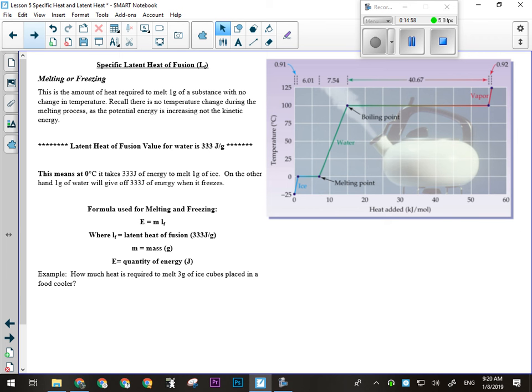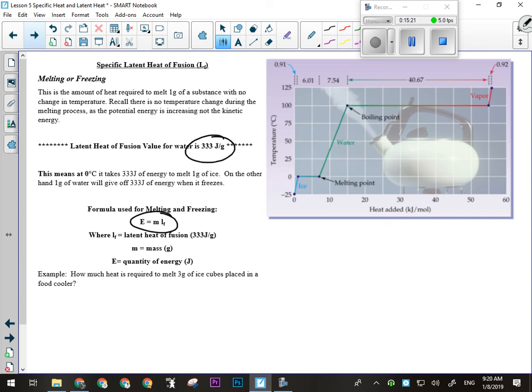All right, so the formula that helps us to calculate the amount of energy involved in melting or freezing is E equals m, so mass, times the latent heat of fusion, which for water and ice is 333 joules per gram. Is that a pretty easy formula to use? Yeah, multiply two numbers together and you're good.